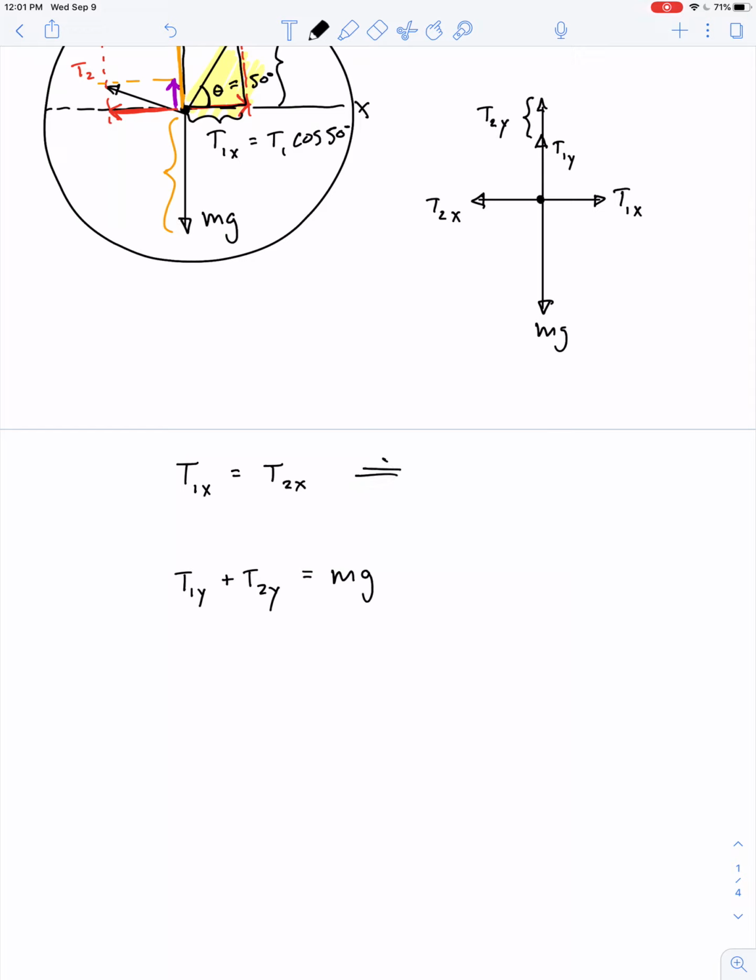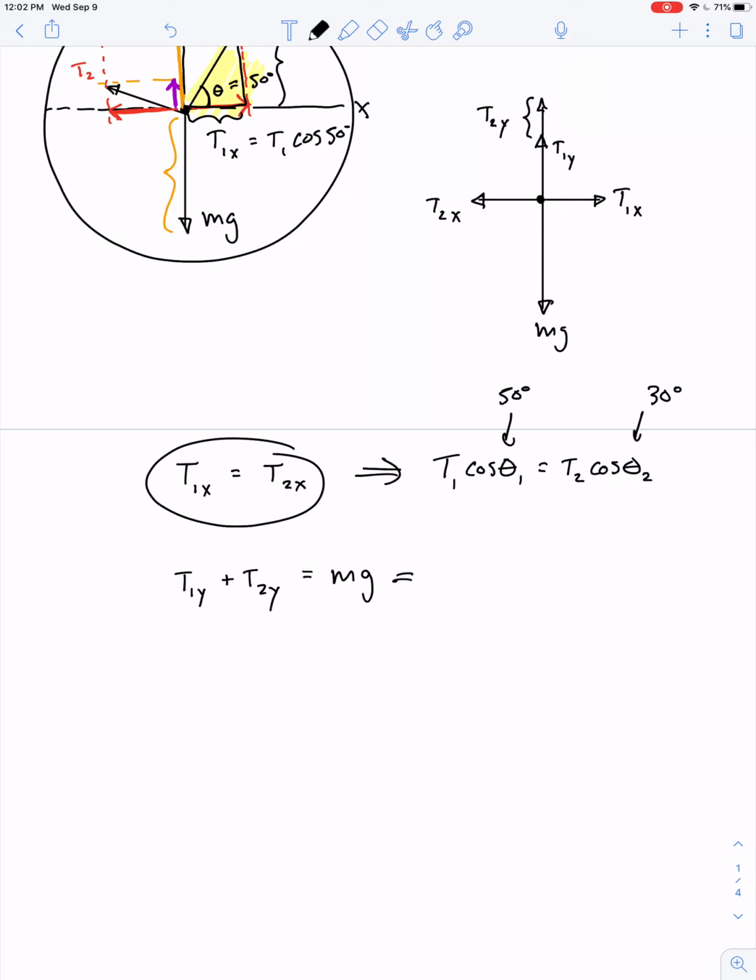So I can rewrite this expression in a slightly more detailed way. T1 times cosine of theta 1 has to equal T2 times cosine of theta 2, where theta 1 is 50 degrees and theta 2 is 30 degrees.